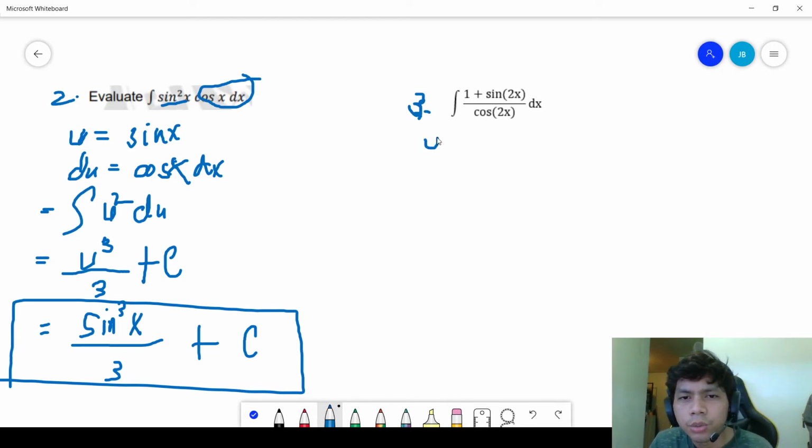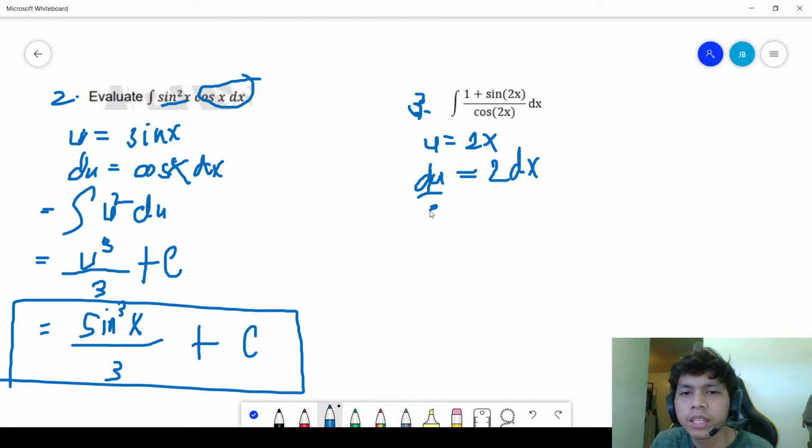You can let u equal 2x. Is it possible, sir? Is it legal? Yes, as long as you did not do something illegal in the rules of algebra. As long as you did not murder algebra. So du would be 2 dx. So there is 2 dx here.